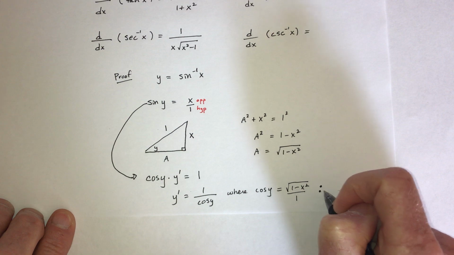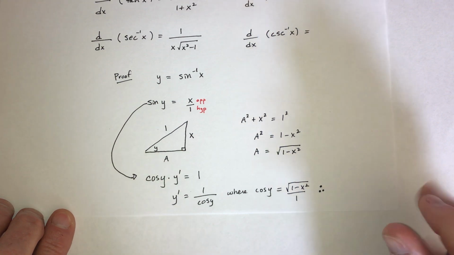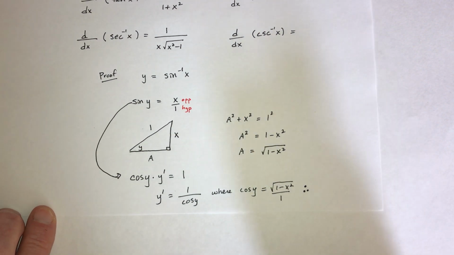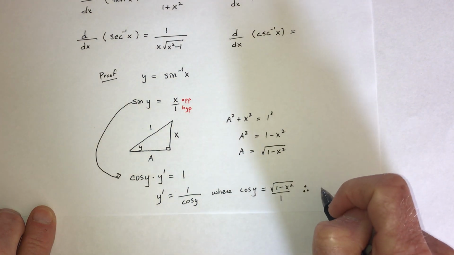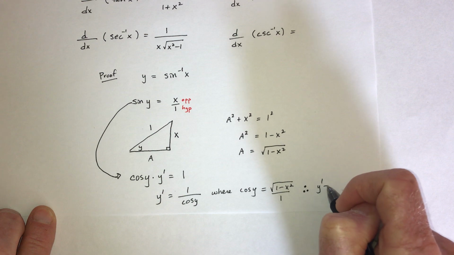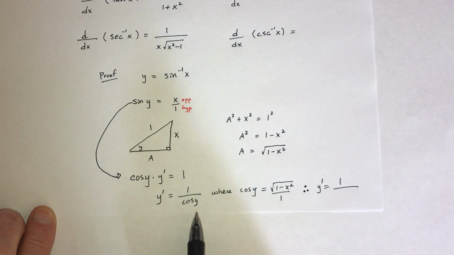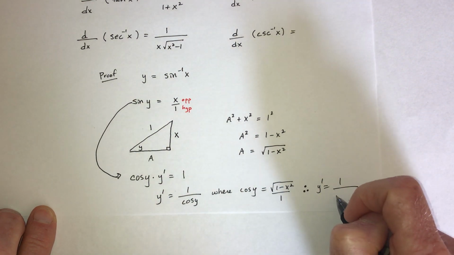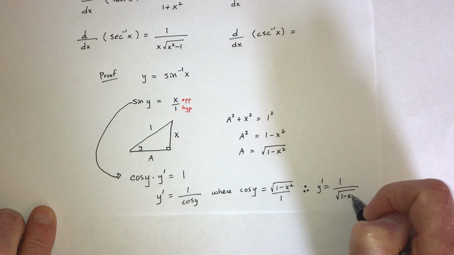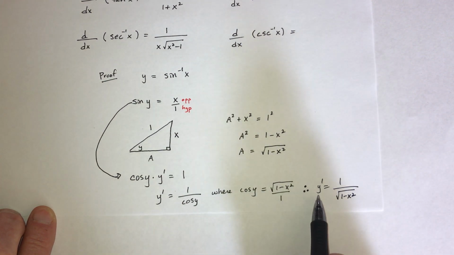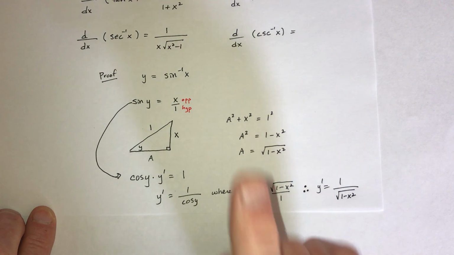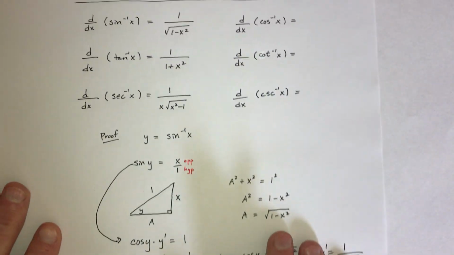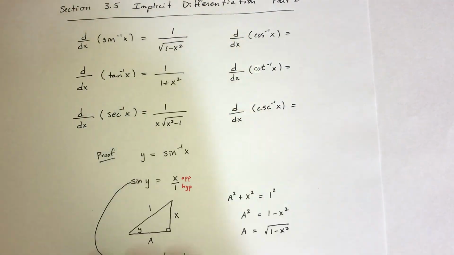That means, these 3 little dots means, therefore, my final answer is the derivative equals 1 over cosine of y, which equals this square root. So that means that the derivative of sine inverse equals 1 over the square root of 1 minus x squared. That is where this comes from.